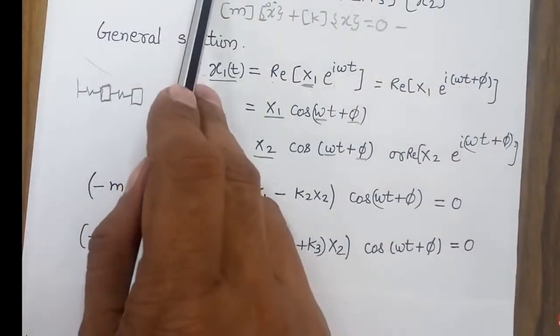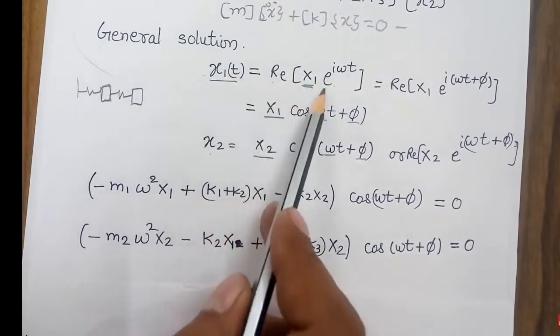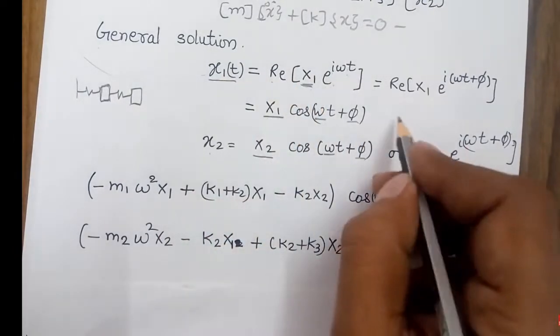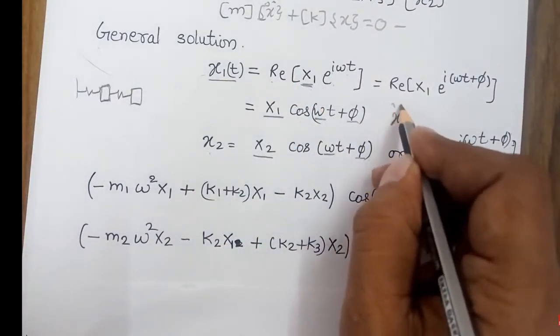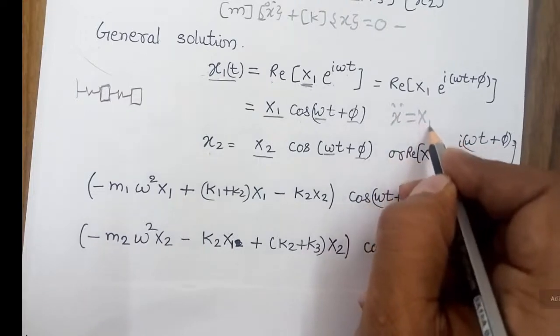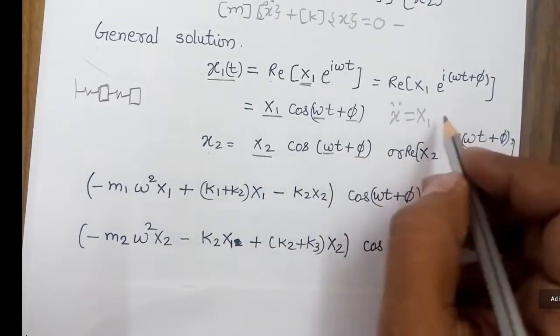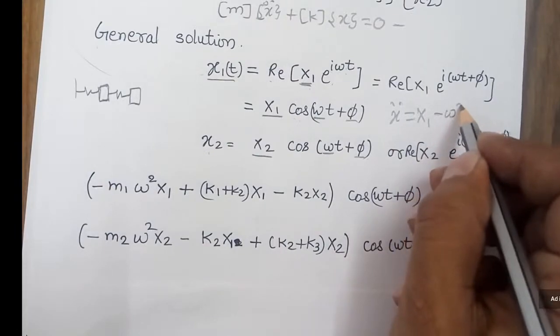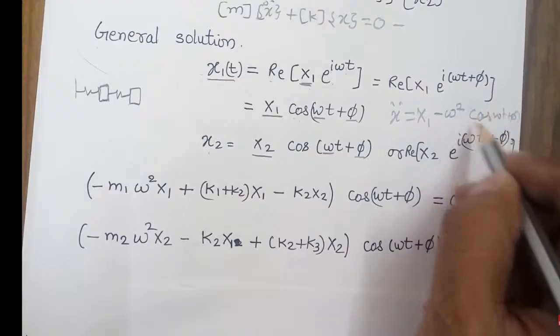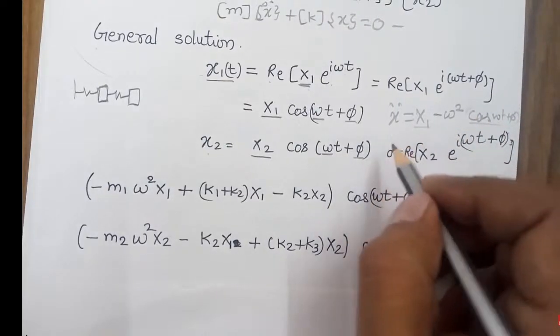because if I differentiate this equation two times, the x double dot will be x1, and the differentiation two times will give me omega square. So these two terms will become again x1.